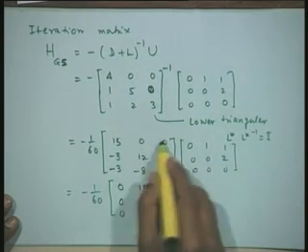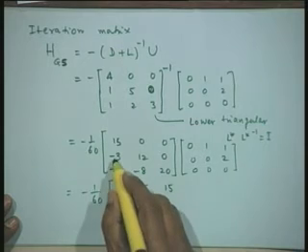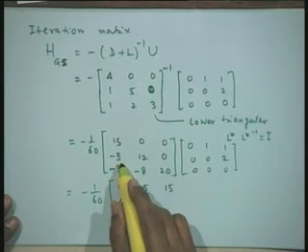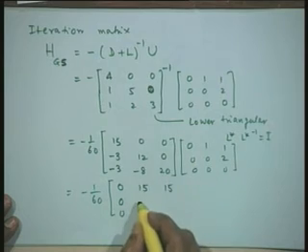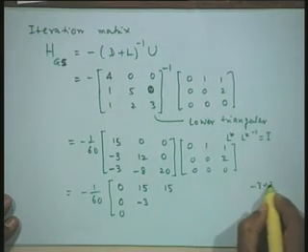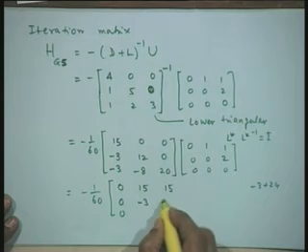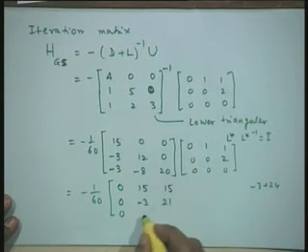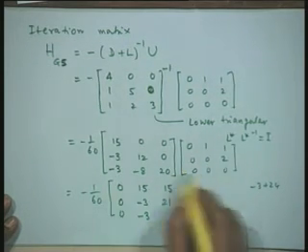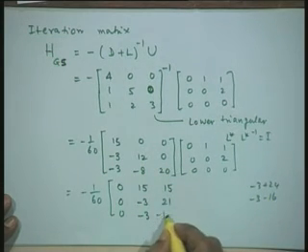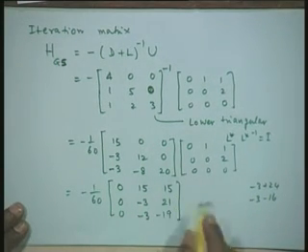The first row, third column gives me 15. Multiply with this, I would get here minus 3, and this is minus 3 plus 24. So I will have here 21. Third row, second column gives again minus 3, and this into this gives you minus 3 minus 16. So I will get here minus 19.